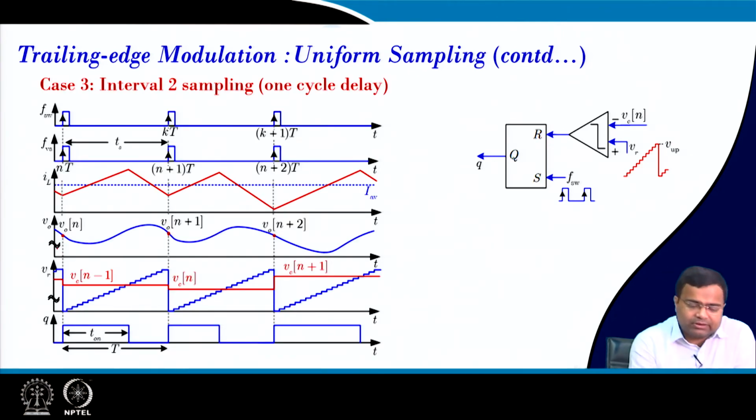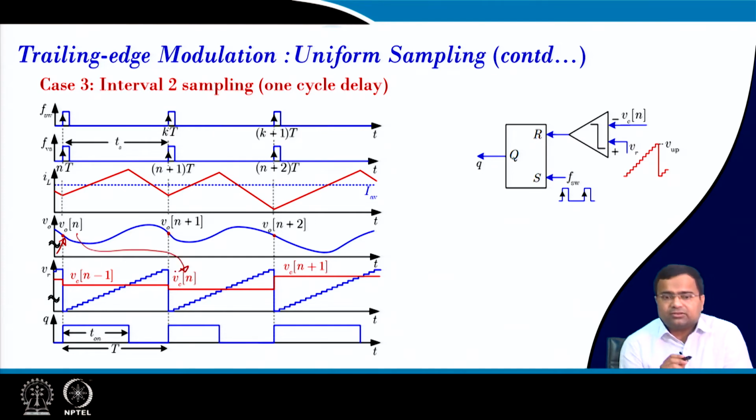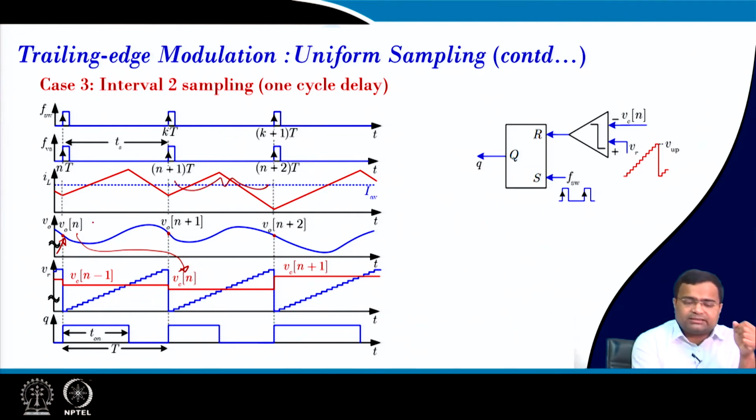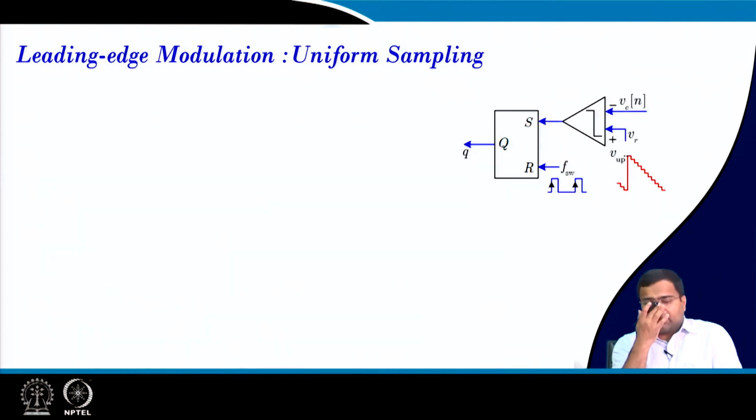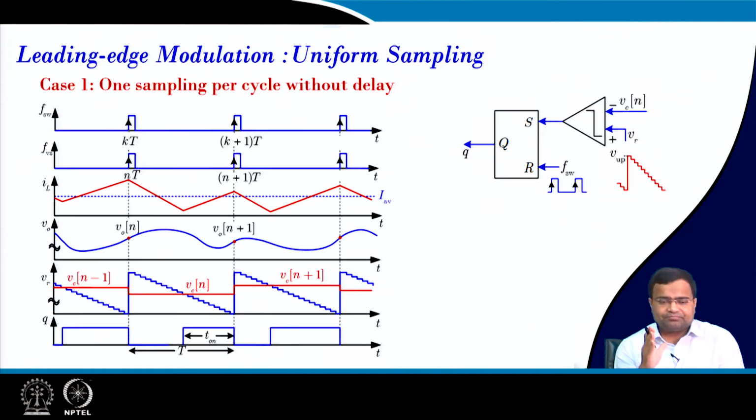That means you take the sample here, but after processing the error voltage followed by the compensator, you are actually updating in the next cycle. So, the controller output is updated in this cycle, whereas the voltage is captured here. So, it is a one cycle delay, but it is on a uniform sampling. We are talking about one sample per cycle.